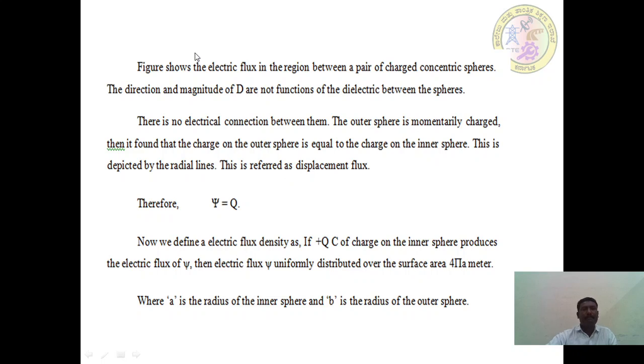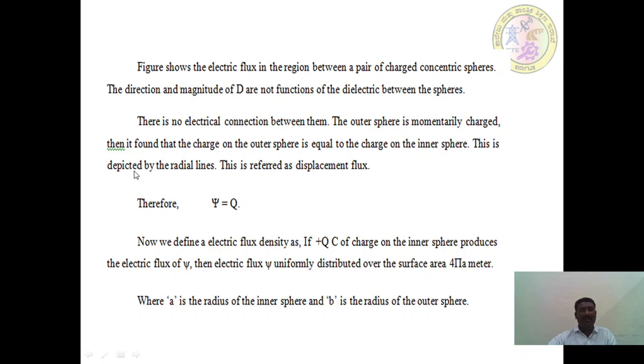See here, the figure shows the electric flux in the region between the paired charged concentric spheres. The direction and magnitude of D are not a function of the dielectric between the spheres. There is no electrical connection between them. The outer sphere is momentarily charged, then it is found that the charge on the outer sphere is equal to the charge of the inner sphere.